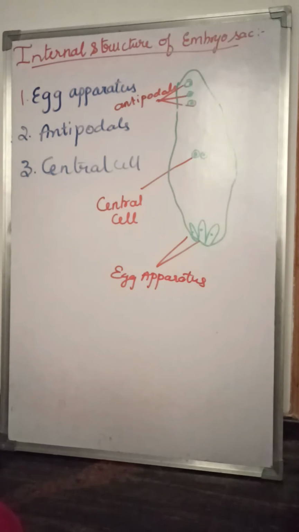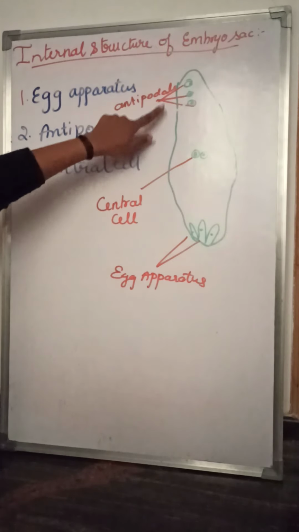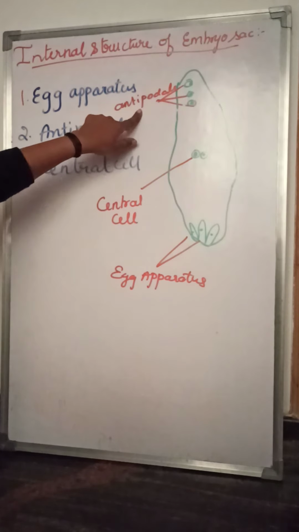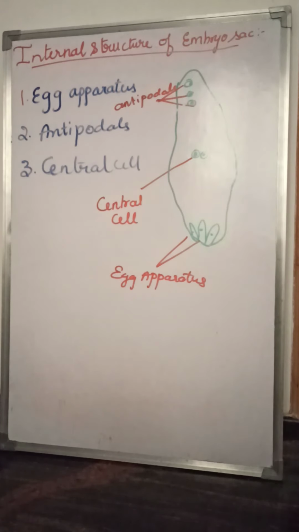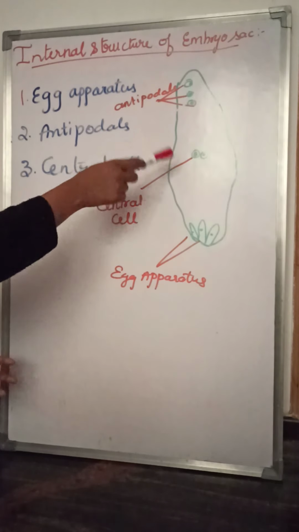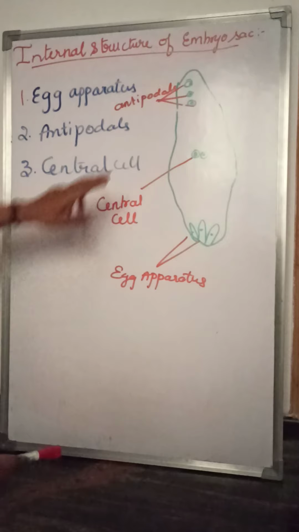Understood? So these 3 nuclei are called antipodals, and these 3 nuclei are called the egg apparatus.